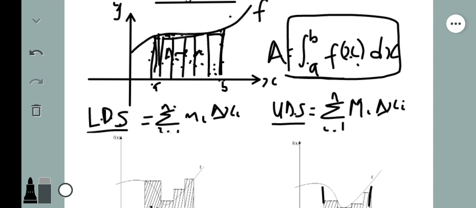So what do we do? We divide each compartment into smaller rectangles. We divide this one into a smaller rectangle, this one, and this one, until we get to a point where the rectangles have been divided into an infinite number of tiny rectangles, such that it now looks like the whole shape.